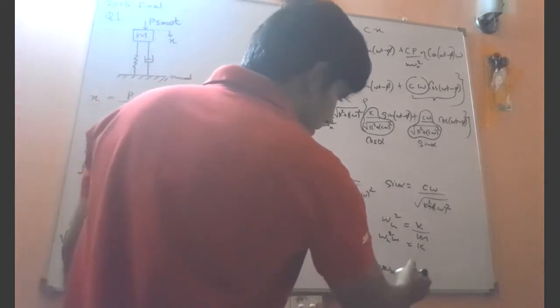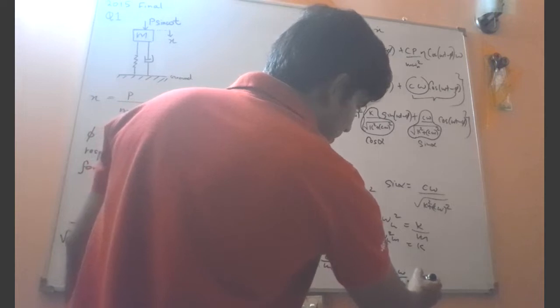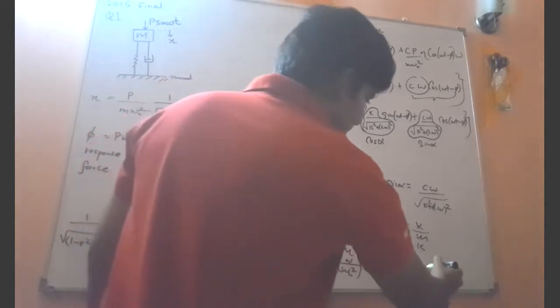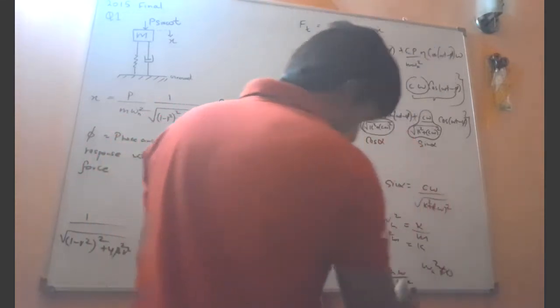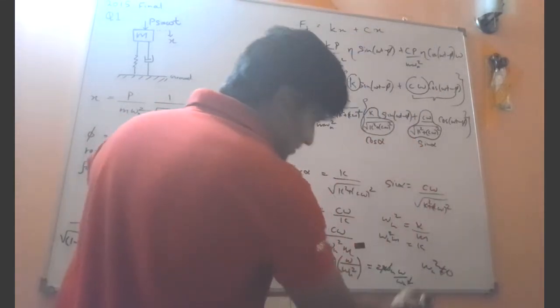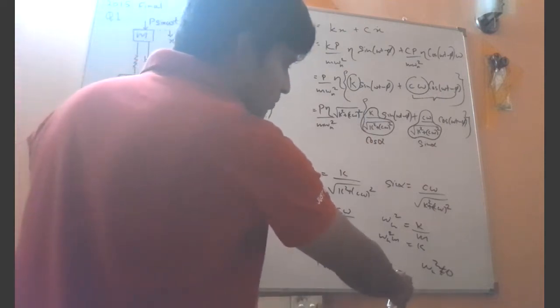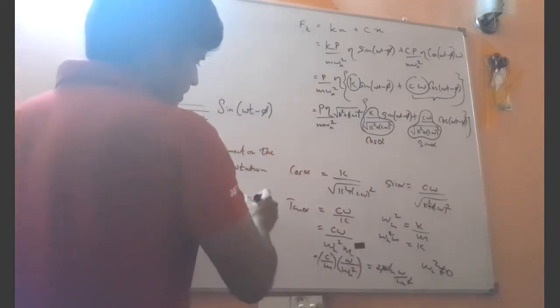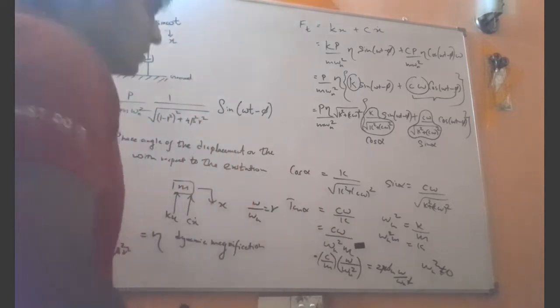Then we have omega divided by omega n. As omega n does not equal 0, this omega n and this one you can cancel. So here you have 2 beta omega divided by omega n. What is omega divided by omega n? That is r, the frequency ratio.